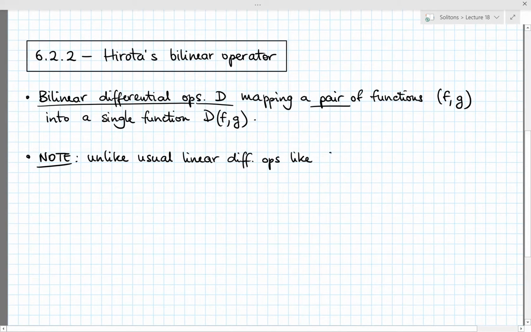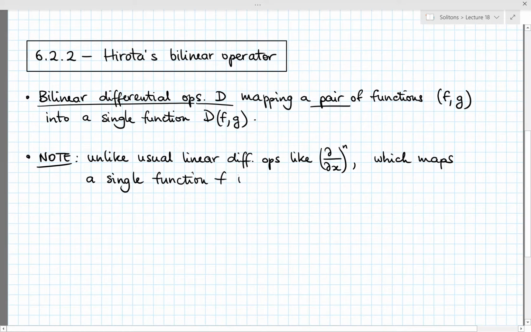Like, for instance, the nth derivative with respect to x, which maps a single function f into another single function, which is the nth partial derivative of f with respect to x. So instead, a bilinear differential operator maps a pair of functions into a single function.